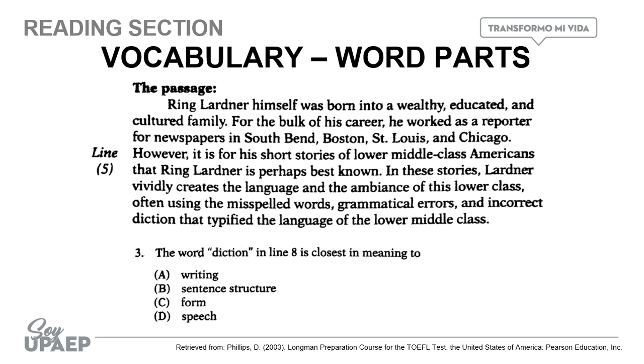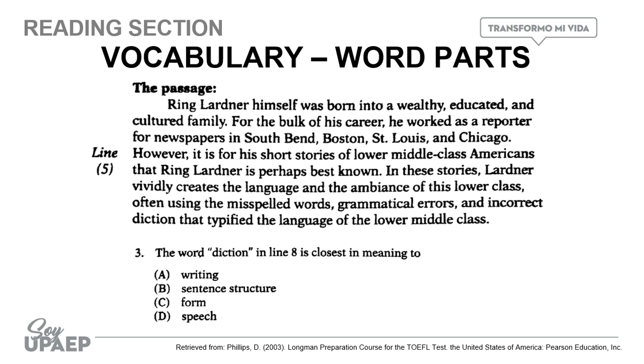And we have the question, the word diction in line 8 is closest in meaning to. And we know that the particle dic means speech. So we read the context, right? And it says, in these stories, Lardner vividly creates the language and the ambience of this lower class, often using the misspelled words, grammatical errors, and incorrect diction that typify the language of the lower middle class.